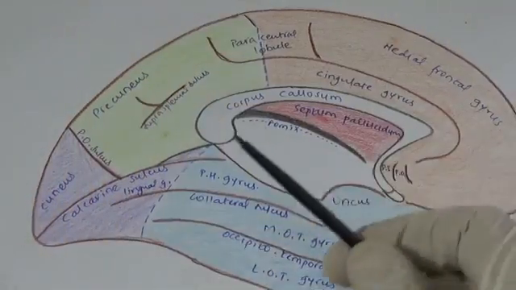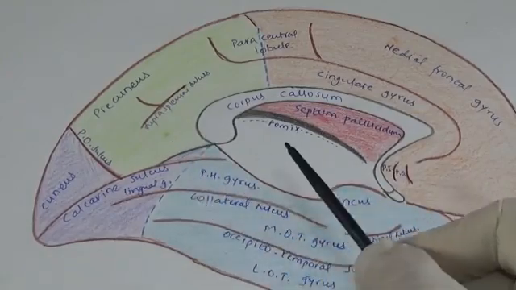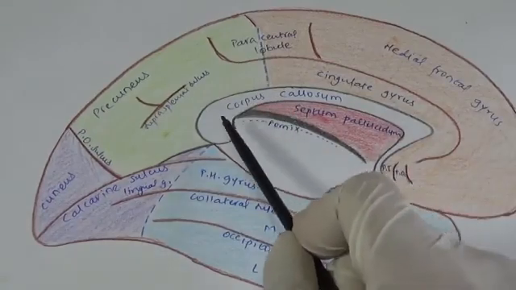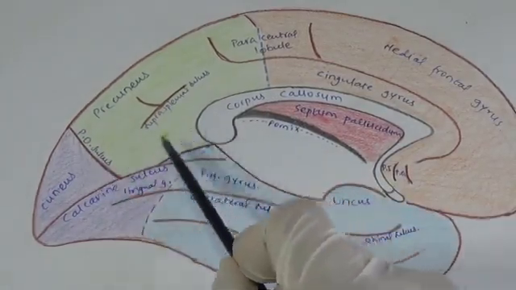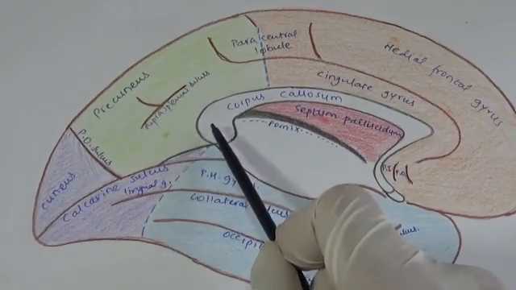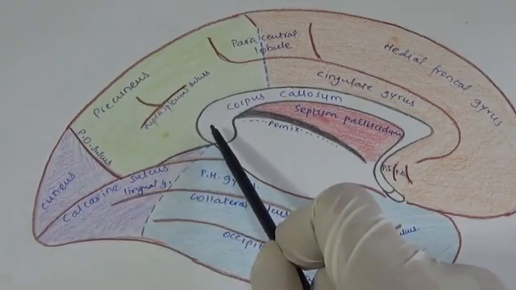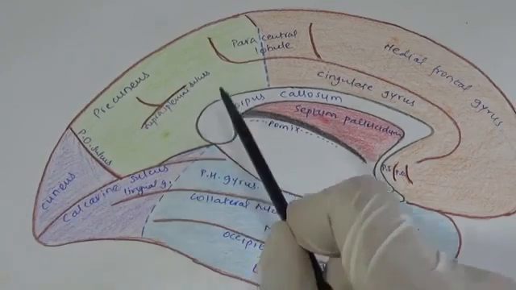Now next will be the posterior horn, and just before understanding the boundaries of posterior horn, I want to tell you 2 important things. This is the splenium of the corpus callosum, and the posteriormost fibers, commissural fibers passing through the splenium will be the forceps major, and that will produce an indentation into the medial wall of the posterior horn, that will be termed as bulb of the posterior horn.